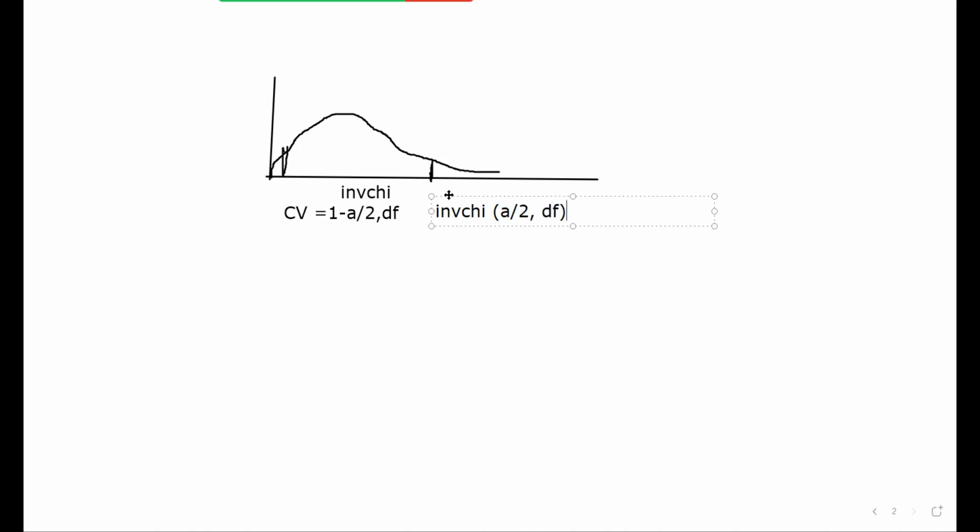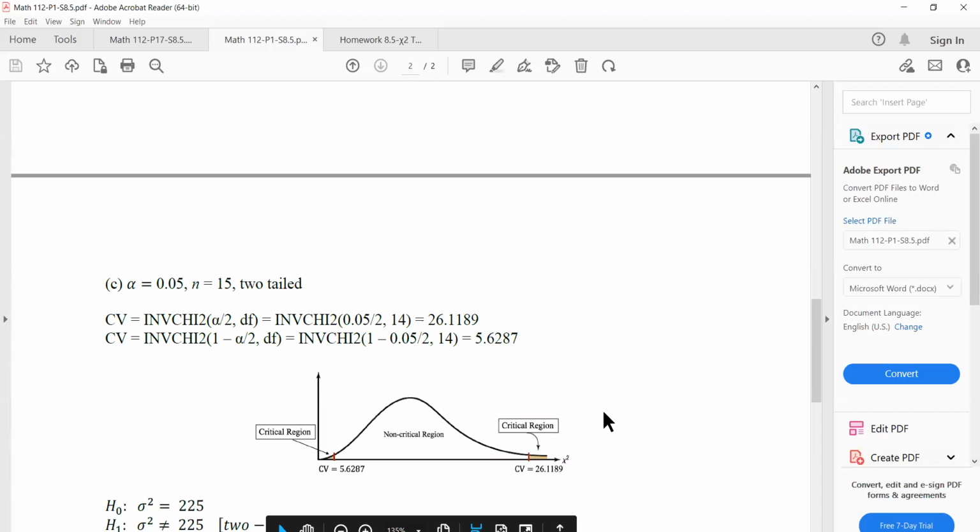You're going to have access to these instructions for the final, so don't forget, download them or use the slides to help you. You're not expected to memorize that. So going back to this problem, n is 15. That means that df is 14. She tends to get the right side first.